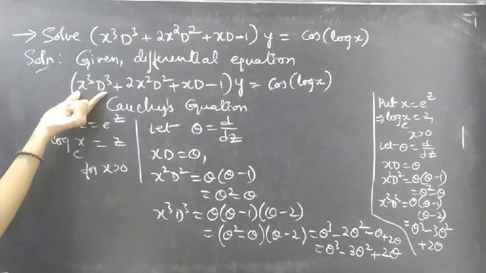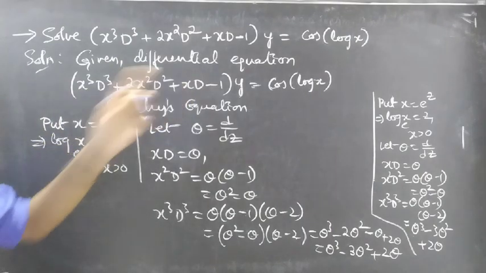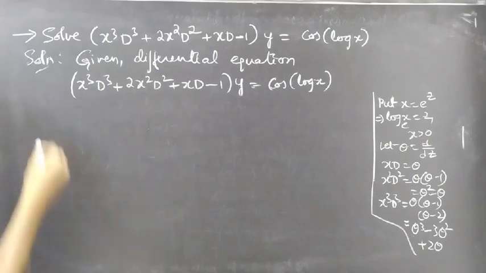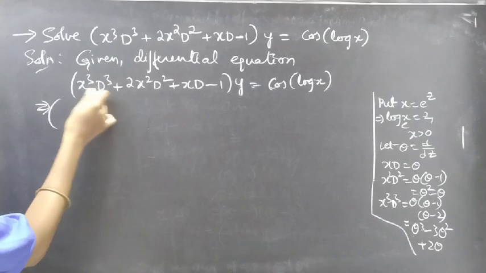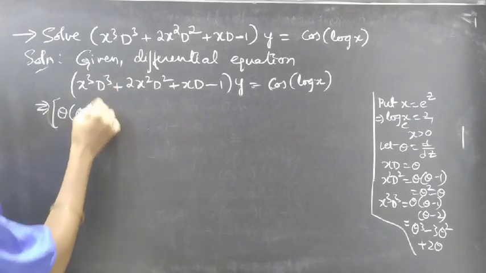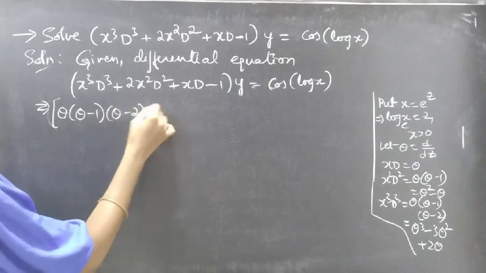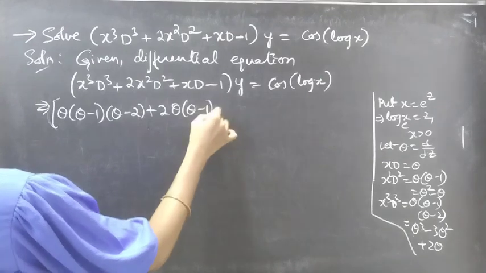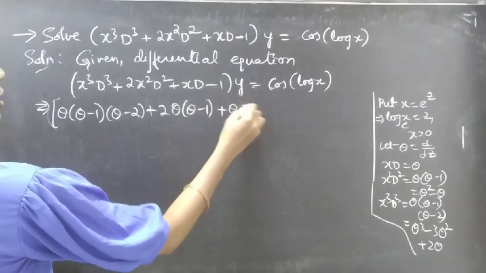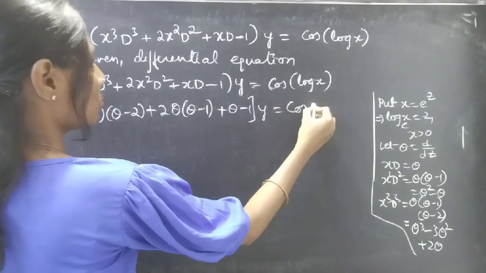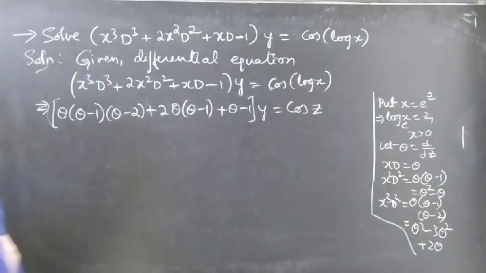Now substitute x cube D cube, x square D square, xD and log x in the above equation. We'll get: replace x cube D cube by theta of theta minus 1 into theta minus 2, plus 2 into x square D square can be replaced by theta of theta minus 1, plus replace xD by theta, minus 1, into y equals cos of, replace log x by z, right?